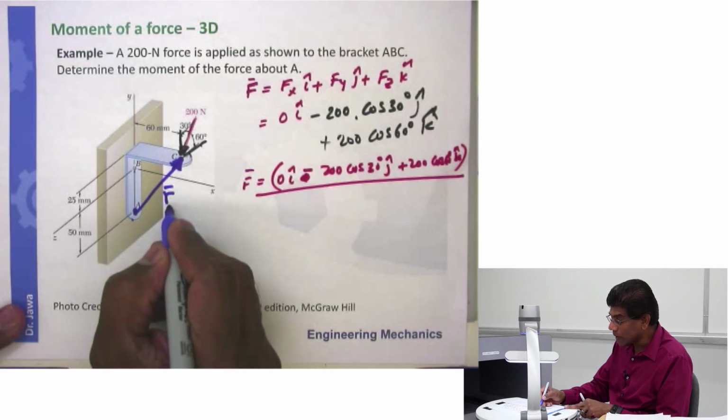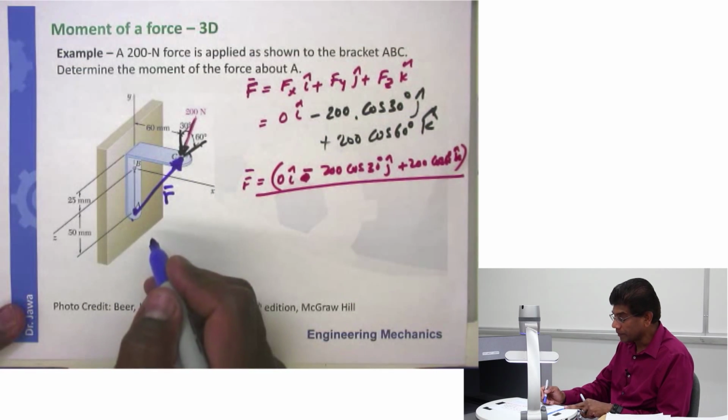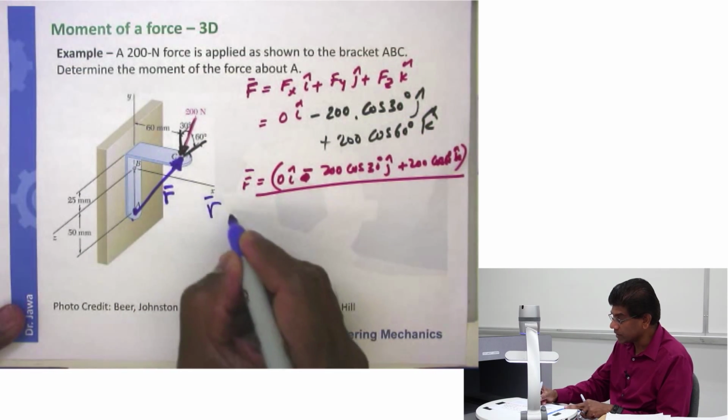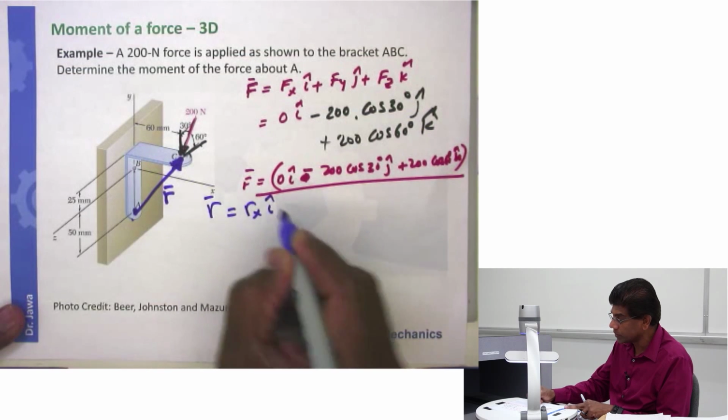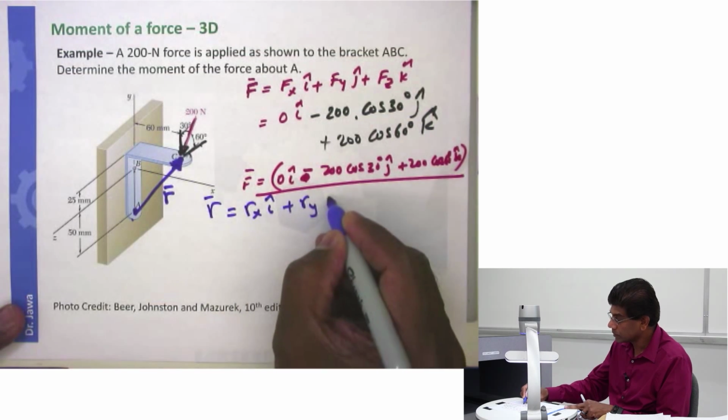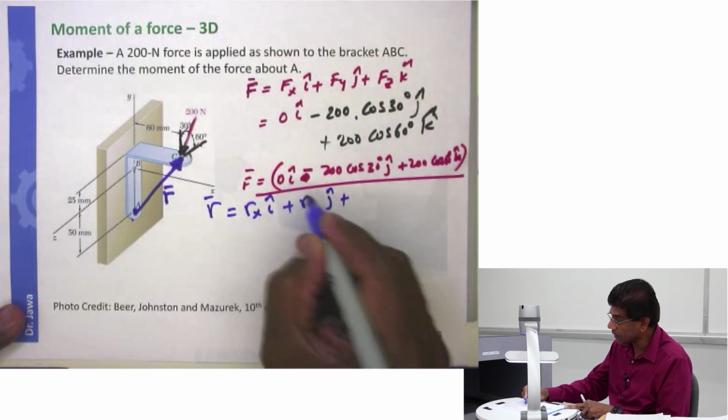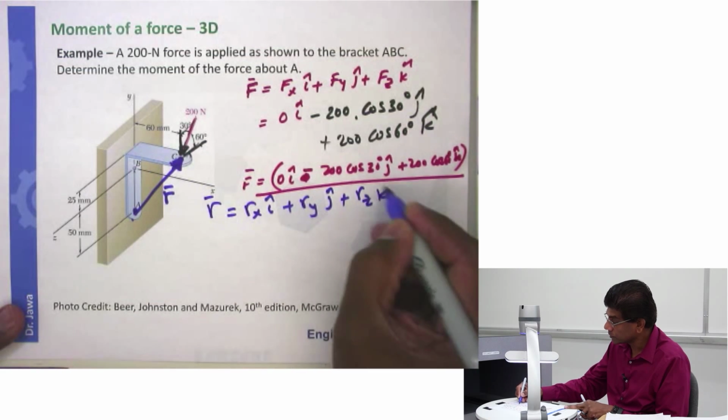Now I need to write this vector in Cartesian vector form, meaning I want the x, y, z components. Exactly like what I did with the force.